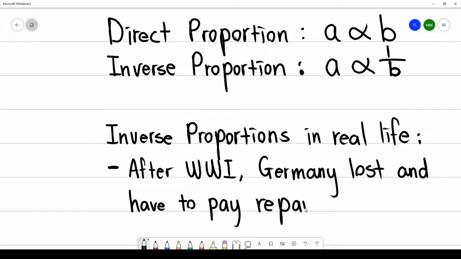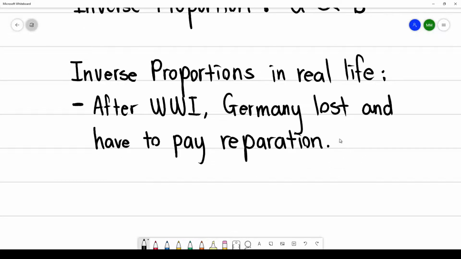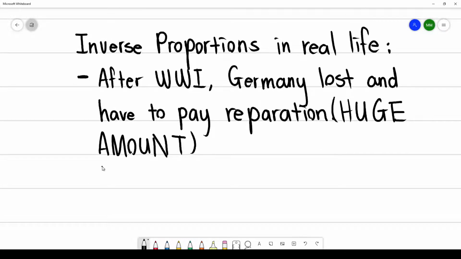What reparations means is giving money to the countries that won. That was a huge amount of money, I forgot what the amount was, but they didn't have enough money.